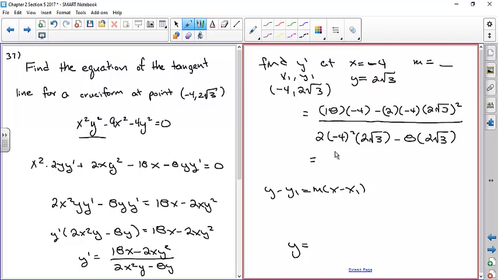Let's see. Actually, it's a positive slope, isn't it?